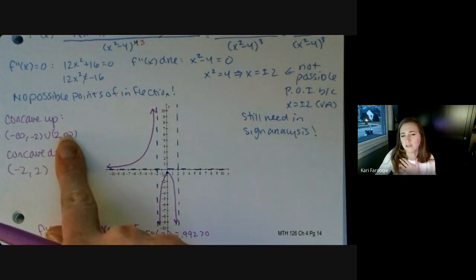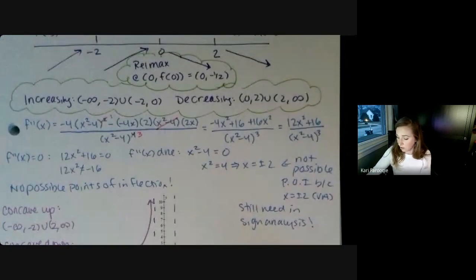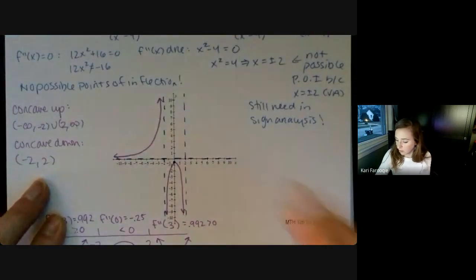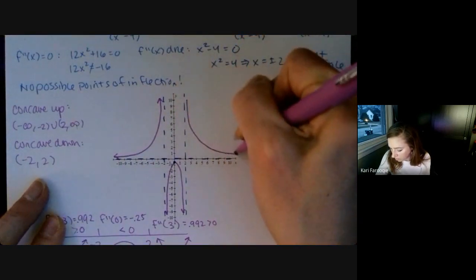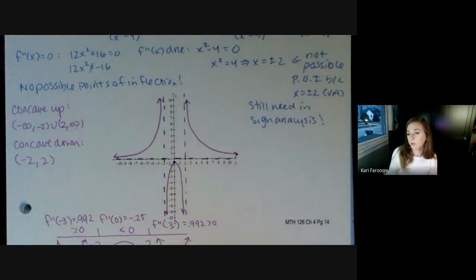Oh, I was like, wait a second, this doesn't look right. Concave up and decreasing. I'm using these two pieces of information, decreasing, concave up from 2 to infinity. I must be here. Decreasing, concave upwards. So I know it's only half of the cup, but it's still a cup shape.